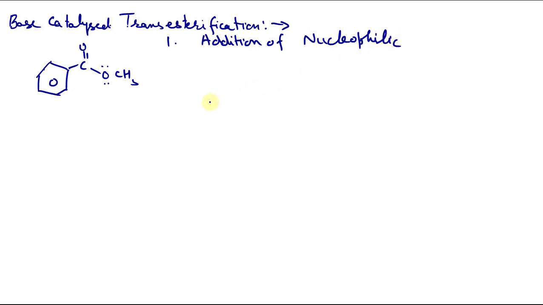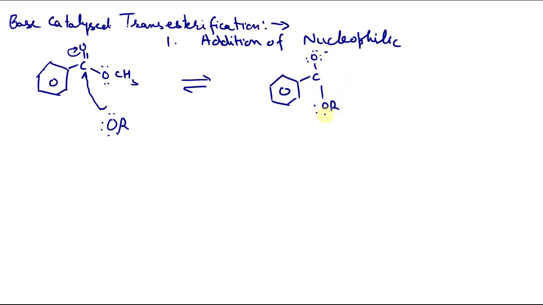The first is addition of nucleophile, and here let us take a general nucleophile, alkoxide ion from alcohol, so it will attack here. So we will eventually get this tetrahedral intermediate. This is the general step in all these reactions. This is the first step, attack of nucleophile OCH3. So this is addition.